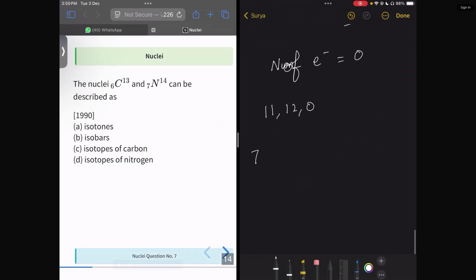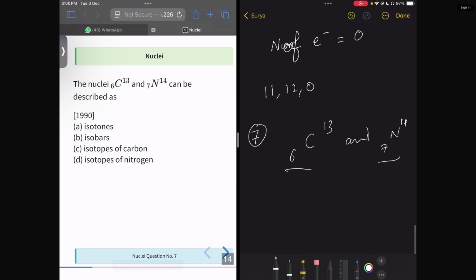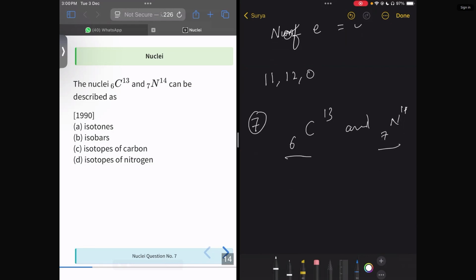Next question. The nuclei carbon 13(6) and nitrogen 14(7) can be described as isotones, isobars, isotopes of carbon, or isotopes of nitrogen. What can they be described as? Because these two atoms have the same number of neutrons. So for carbon, the mass number will be 13, right?